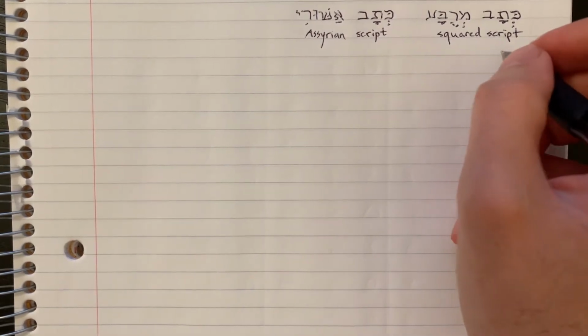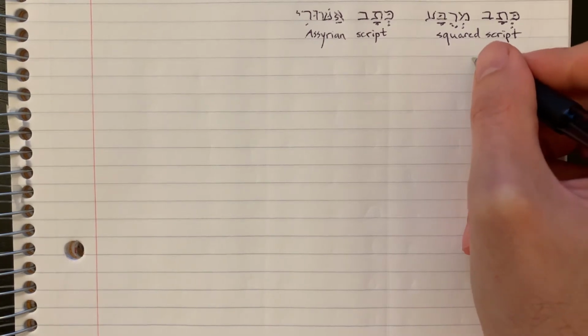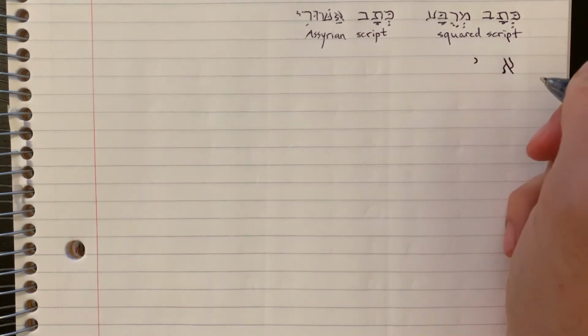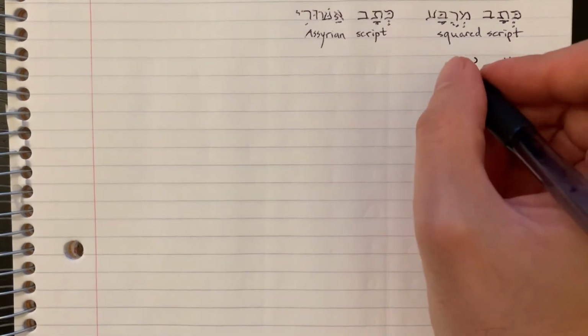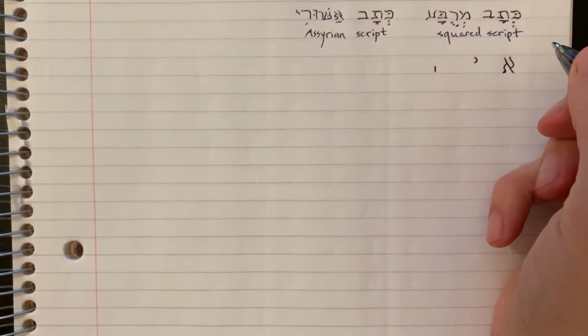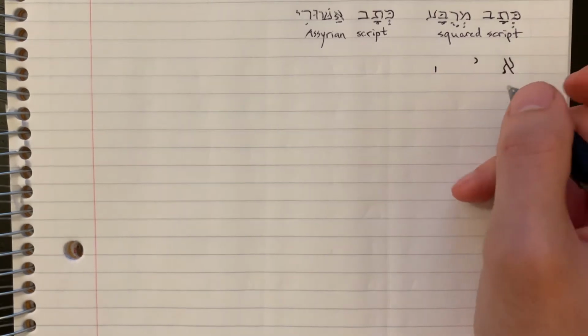I'll also be teaching you the transliteration used. So Alef, we'll take this as a transliteration, an apostrophe that way, and also be teaching you the numerical values of each letter. So Alef is worth 1.